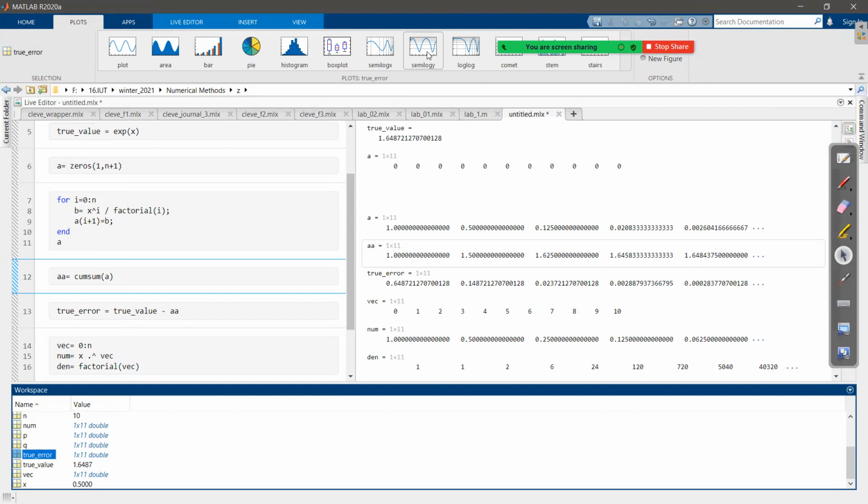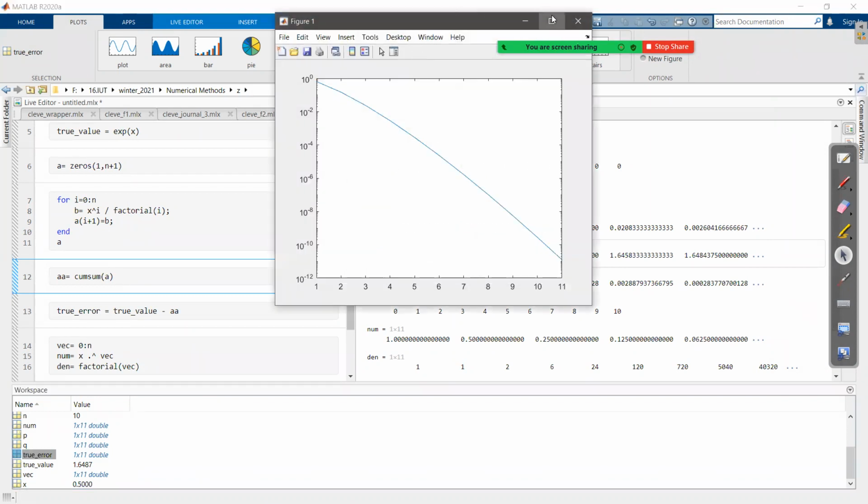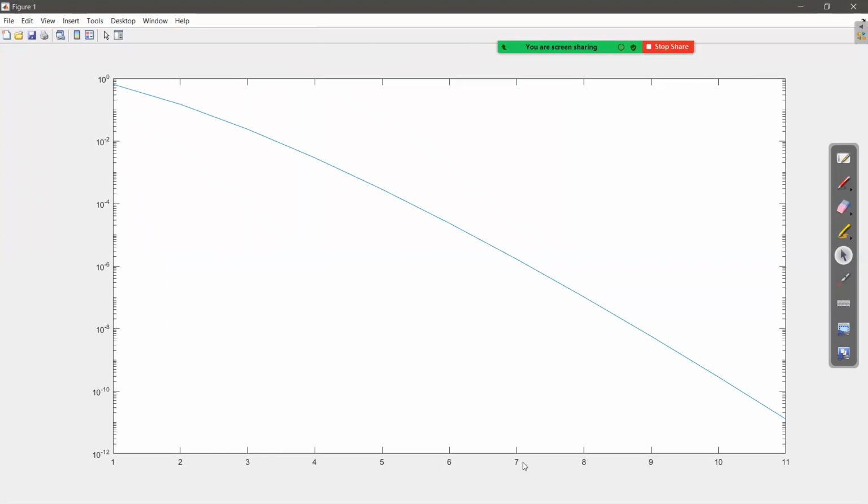You can see here, there is semilogx, then semilogy. Can you see it? Yes, sir. Semilogy means I'm using a logarithmic scale in the y-axis. So if you do this, this is still the number of iterations, but this is the logarithmic scale, right? Yes. Y is the error.